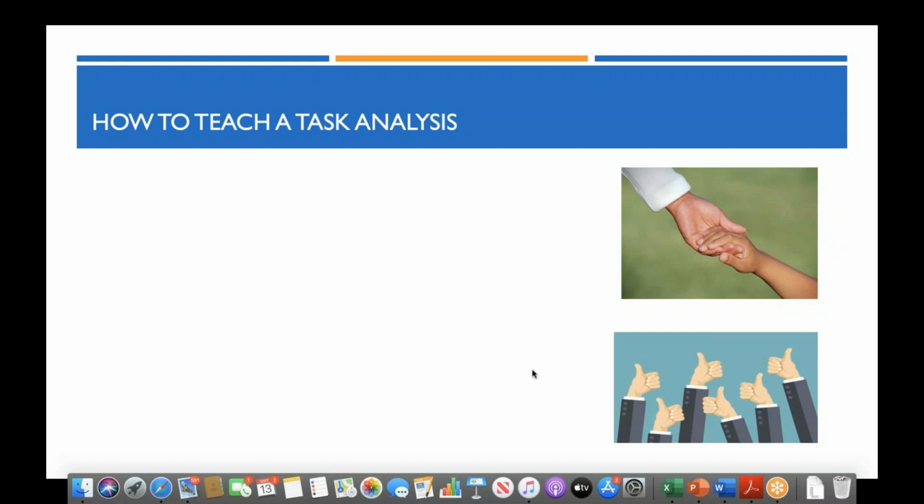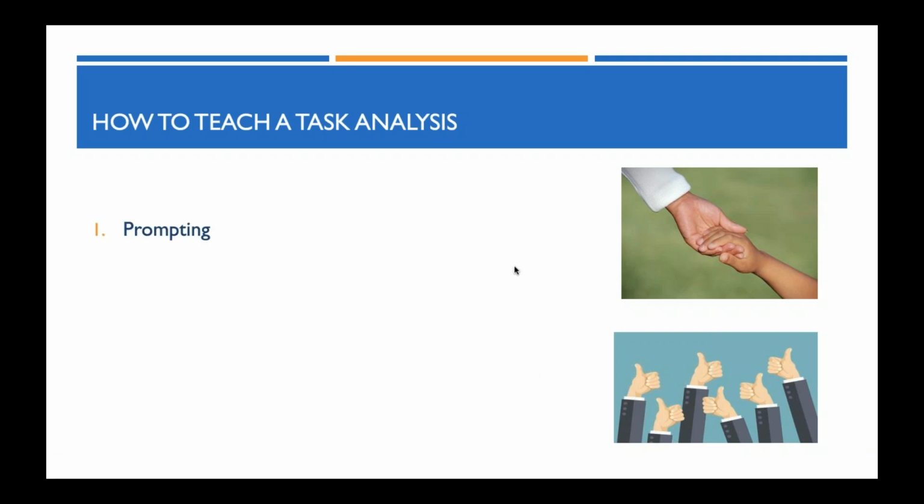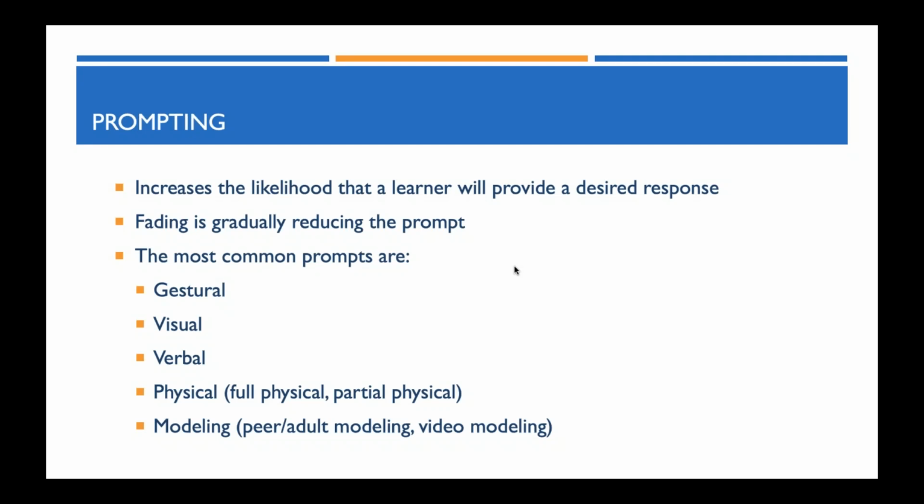Okay, so there are two main ABA techniques that we use to teach a task analysis, and those include prompting and reinforcement. Prompts are used to increase the likelihood that the learner will provide a desired response.